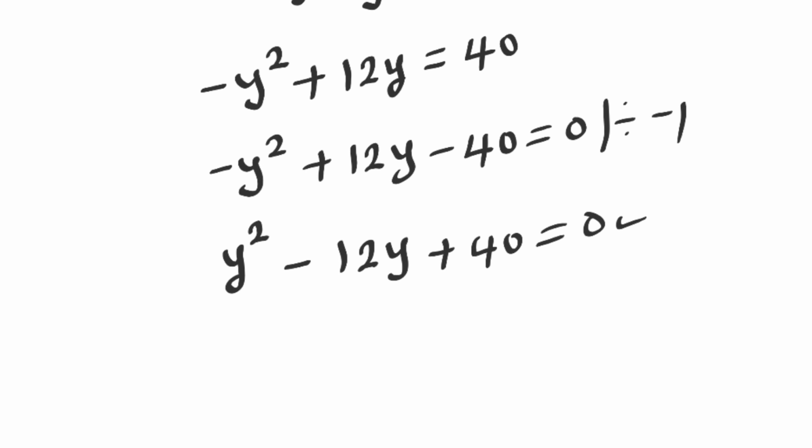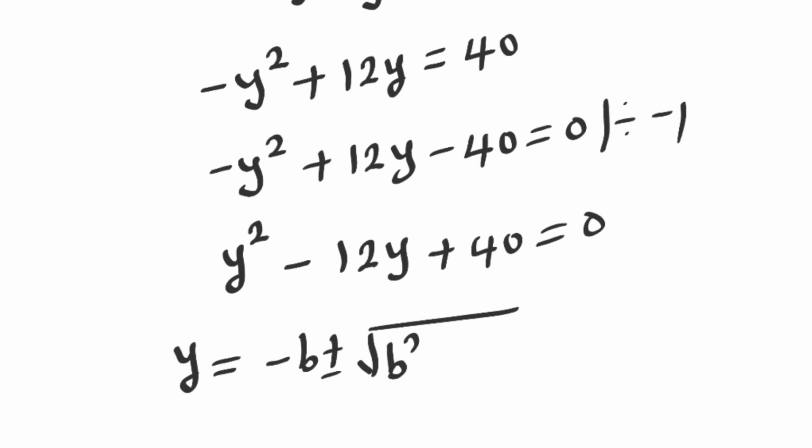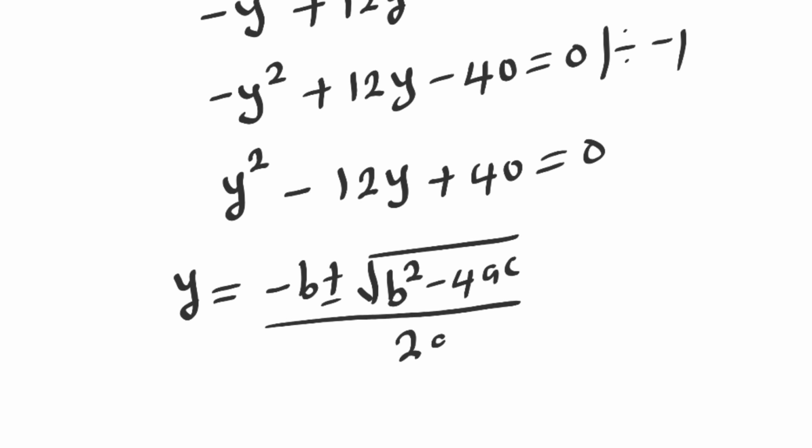This is a quadratic equation. Let us solve this using the quadratic general formula. y is equal to minus b plus or minus square root of b square minus 4ac over 2a.